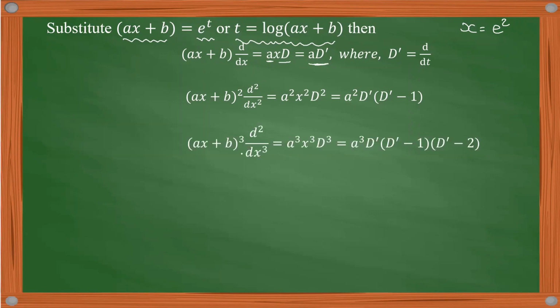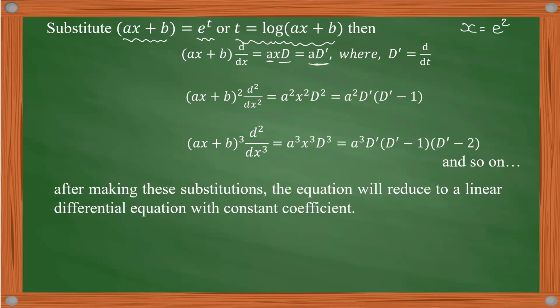Similarly, if we have the third order differentiation term, it will be replaced by a cube D dash (D dash minus 1) (D dash minus 2), and so on. So by substituting all these values in our given differential equation, it will again reduce to a linear differential equation with constant coefficient, and we already know how to solve the linear differential equation with constant coefficient.